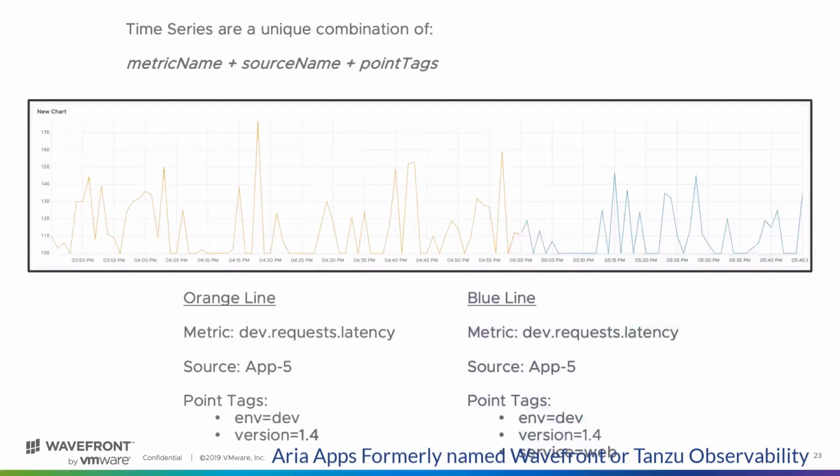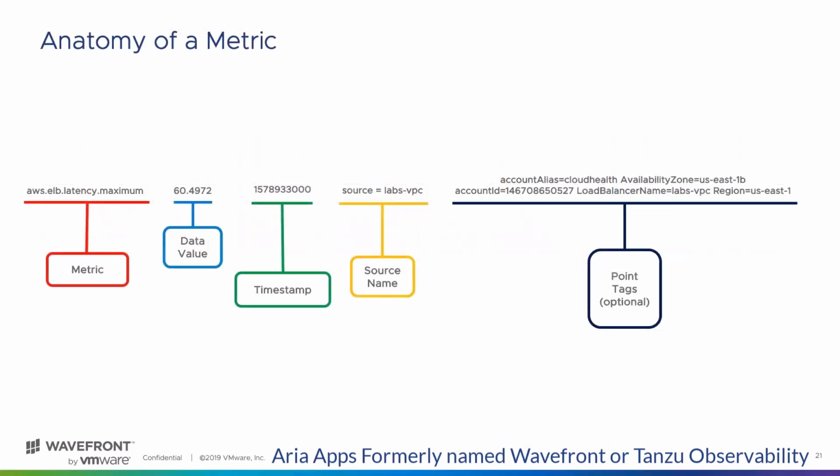I want to make sure I explain this clearly, because CloudHealth is using this feature. You can also group sources together using something we call source tags. And this has become an interesting challenge with CloudHealth as you're migrating from Datadog. We're looking at this data here and we see these point tags on the data.